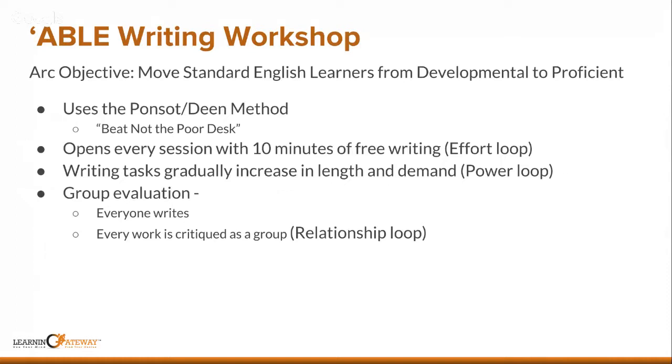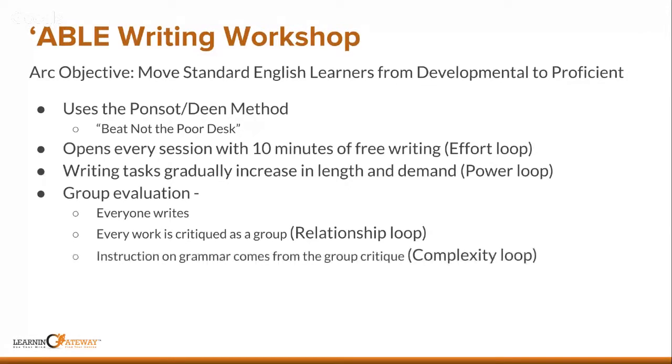By critiquing as a group in a non-threatening environment, because everyone eventually presents work, there's incentive for them to be kind and respectful to each other. They're building a relationship. But what's also really valuable about this method and interesting is that there's never, again, you're teaching developmental learners, there's never a period of time where you're lecturing to them about punctuation or about subject-verb agreement.